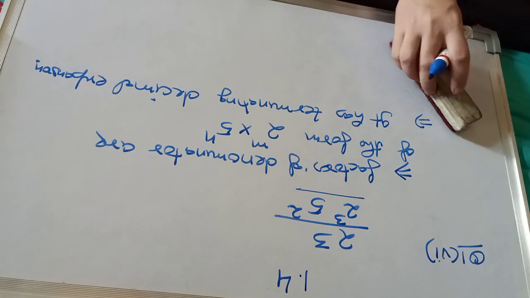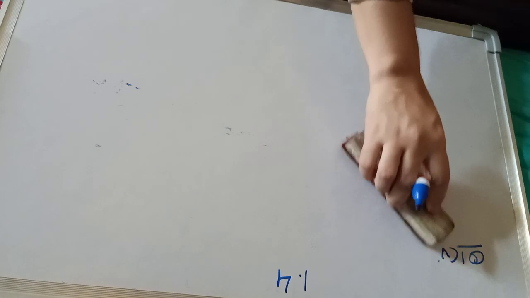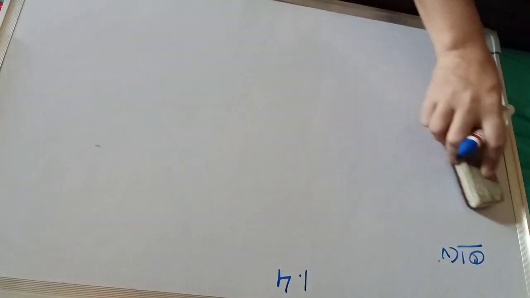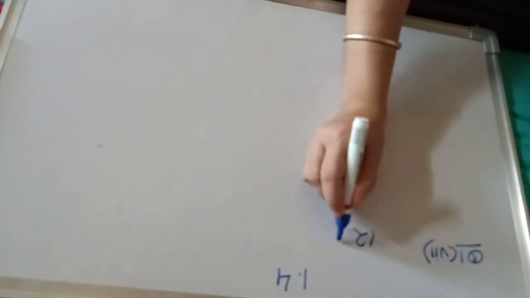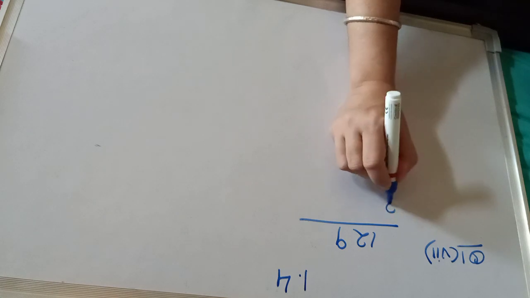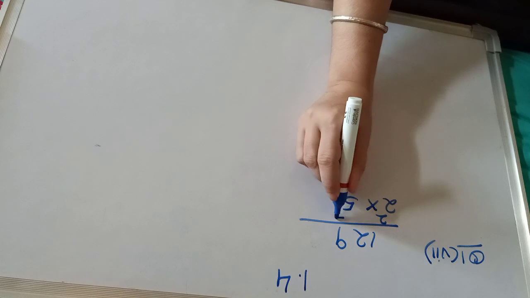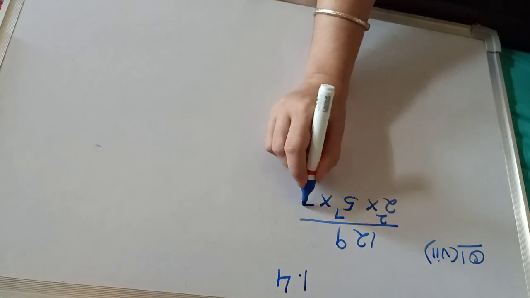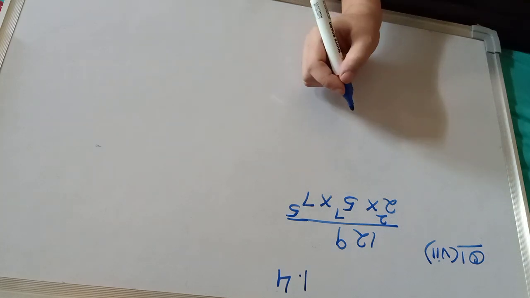Then come to the next one now. Let me write the question number first. Seventh part. Seventh part is 129 upon 2 square into 5 raised to power 7 into 7 raised to power 5.